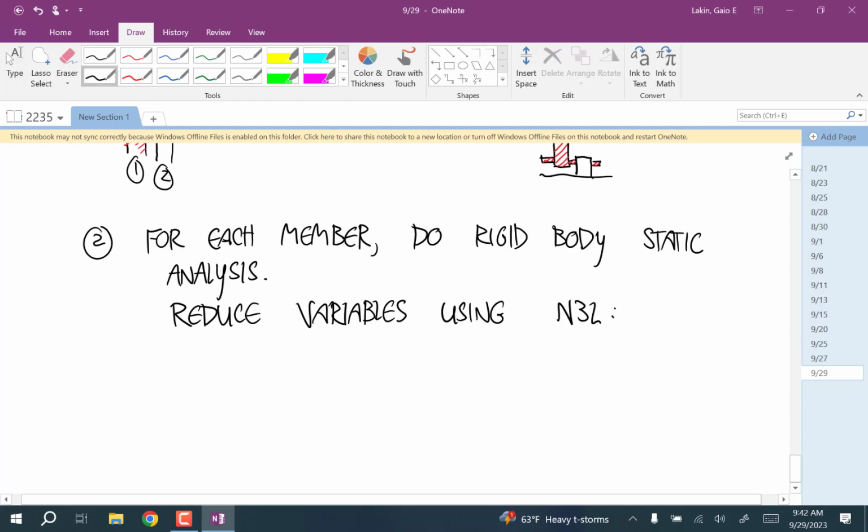And Newton's third law says that the force on, say, A by B is equal to negative force on B by A. Okay?